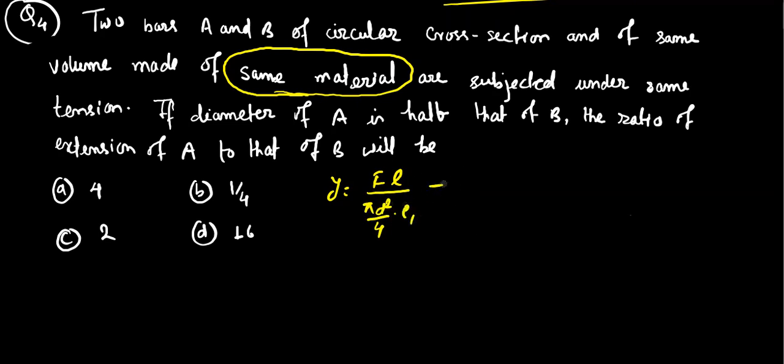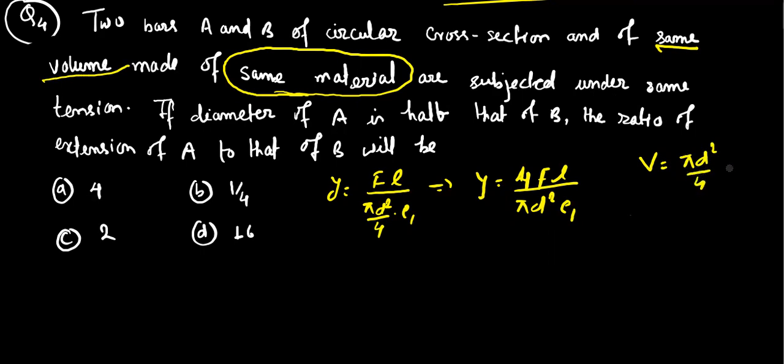So it can be written as Y equal to 4 times FL by pi d square times extension, and we have to introduce here the one term, volume. Yeah, same volume. So as we know that volume is the product of cross sectional area times length, so we can easily write here pi d square by 4, and then this is length.